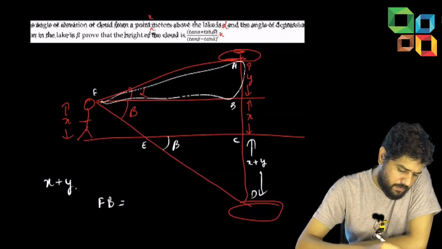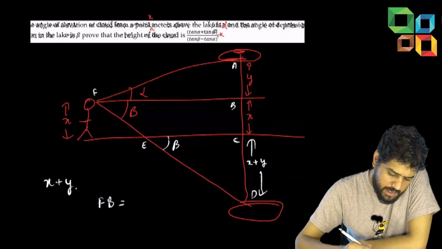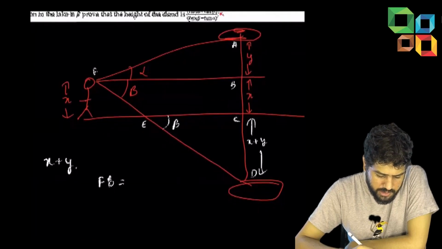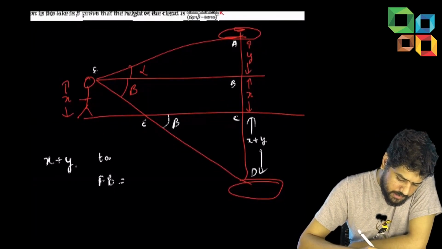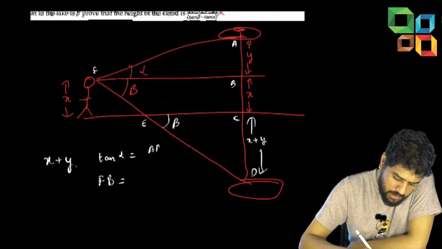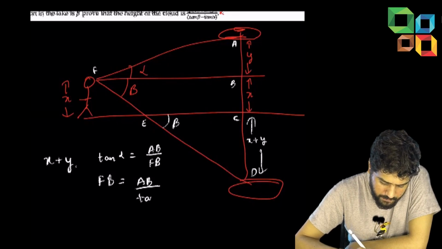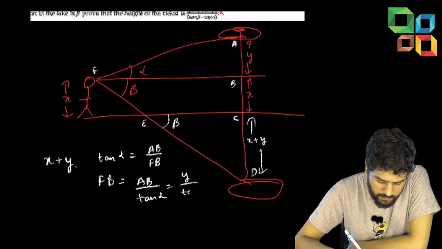In this triangle, FB is equal to, what ratio will you take? Tan. Tan alpha is equal to AB opposite by adjacent, so FB will be AB upon tan alpha, which is y by tan alpha.